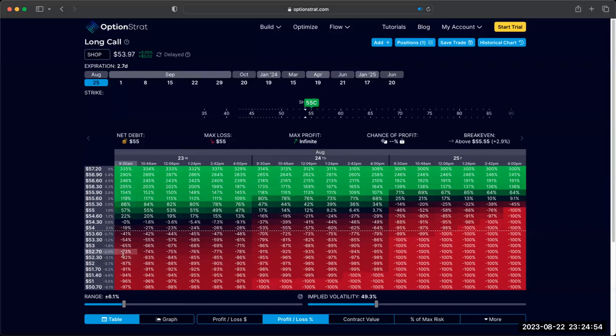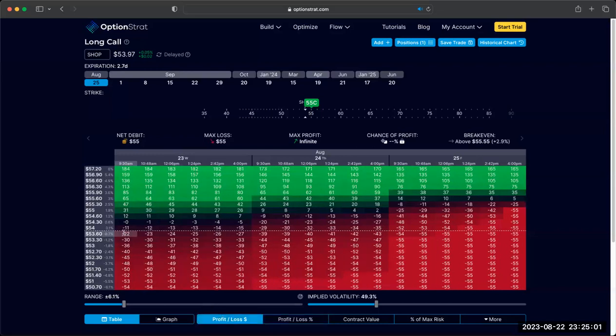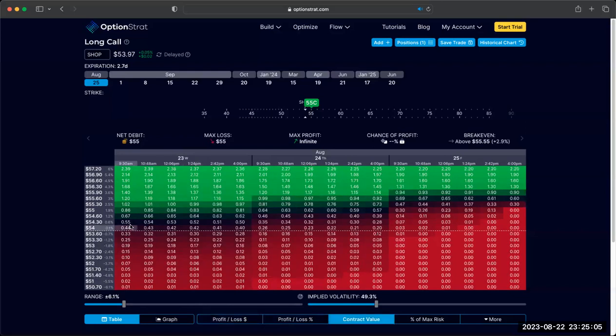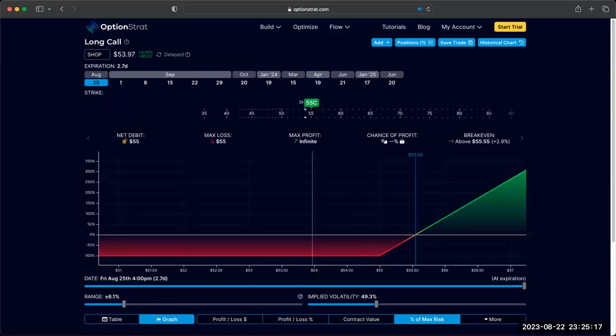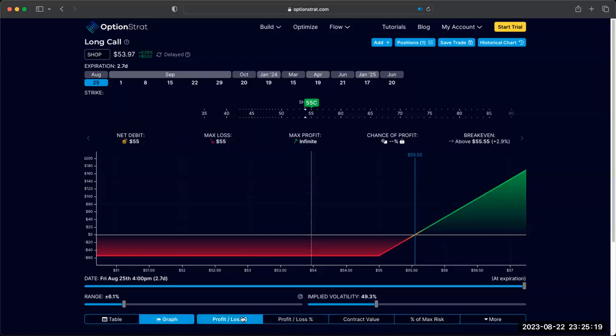You're going to say, oh, well, down about $2-3, I'm going to be down 65%. You come to your profit loss, hit the price, and you say, okay, that's where I'm going to be. You also can go here and see how much those contracts are actually going to be by contract value, right? And you've got max risk and different things like that, even a graph table.